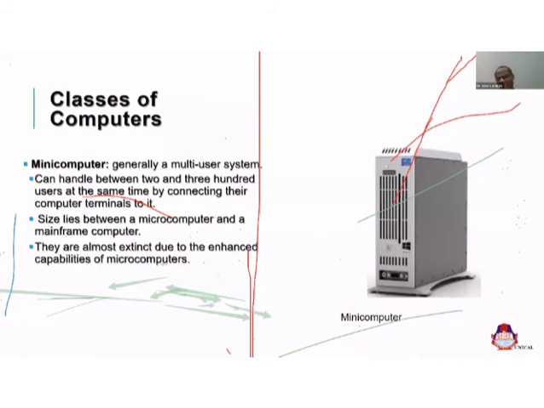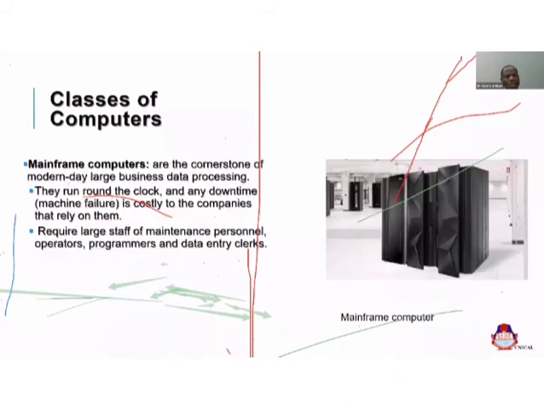Now let's look at the next class of computers, which are called mainframe computers. Mainframe computers are the workhorses and the cornerstone of modern-day large-scale data processing operations. So let's use the banking hall example to describe this. Remember that every major bank in Nigeria has hundreds of branches across the country, sometimes across Africa.